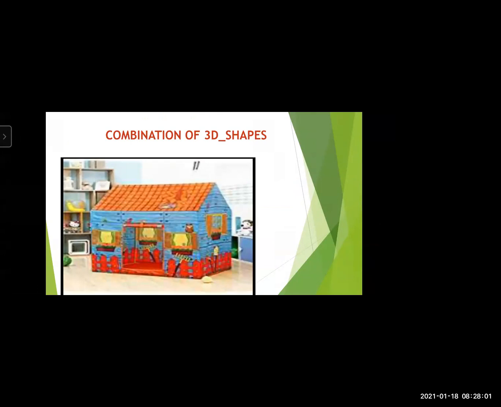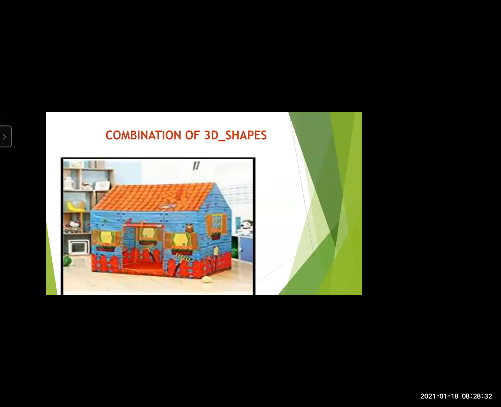Now, can you tell me some more examples of a combination of 3D shapes, where two or three 3D shapes have merged together to form a new object? I'll give you some more examples. For example, a mushroom: the upper side looks like a cone shape, and the body is of a cylinder type.